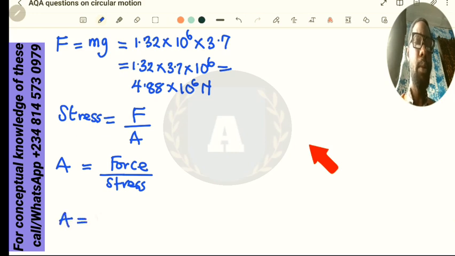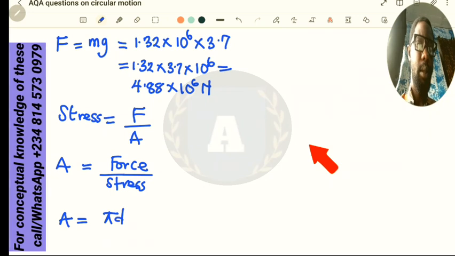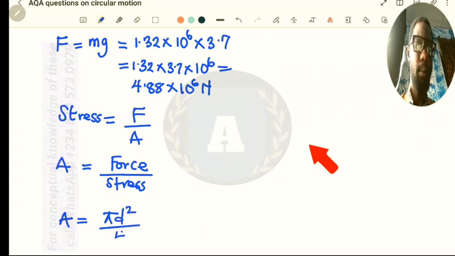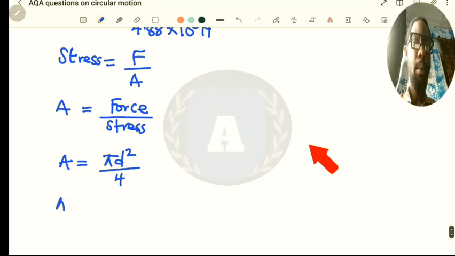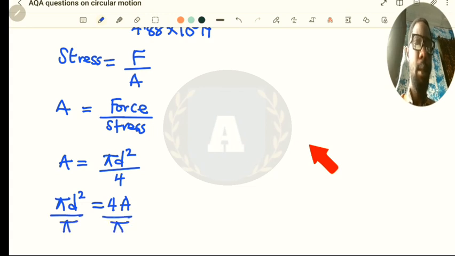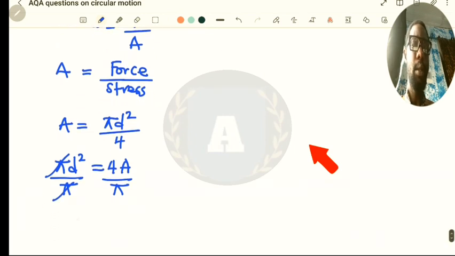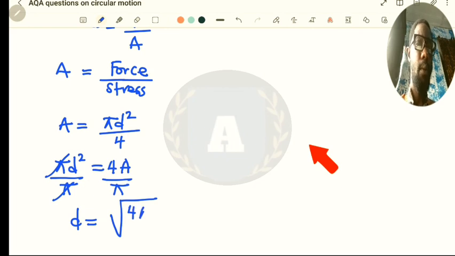Area in terms of diameter is pi d square over 4, which means pi d square is equal to 4A. Then divide both sides by pi, so this cancels that. Then d will be equal to the square root of 4A over pi.